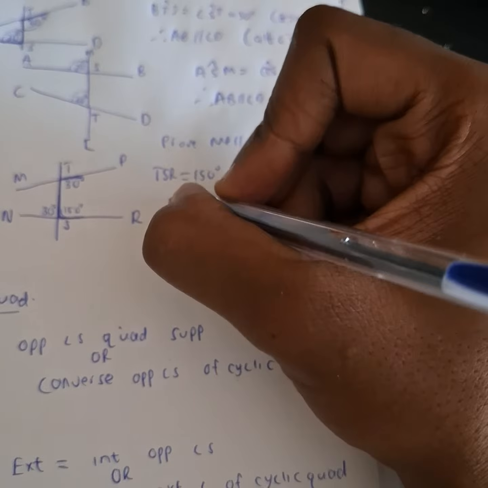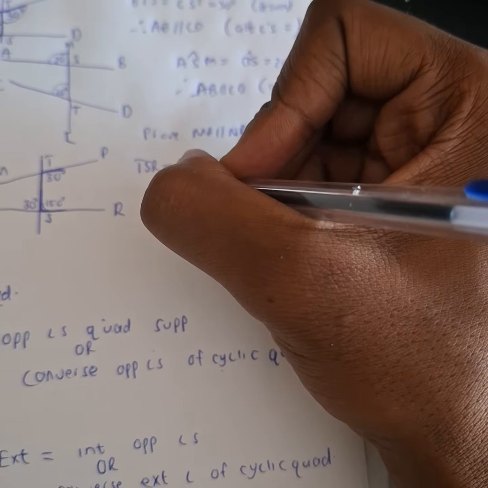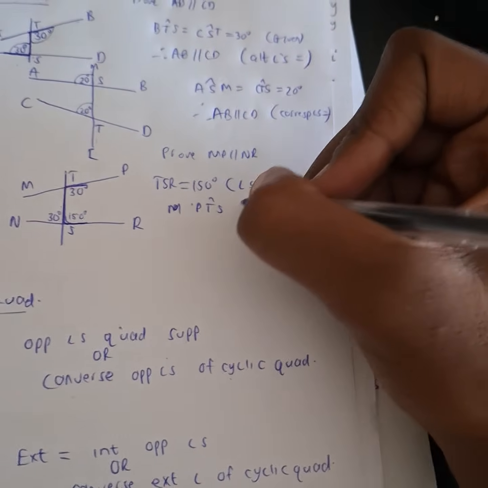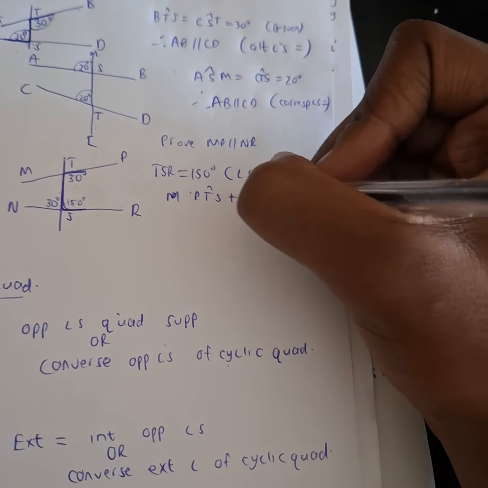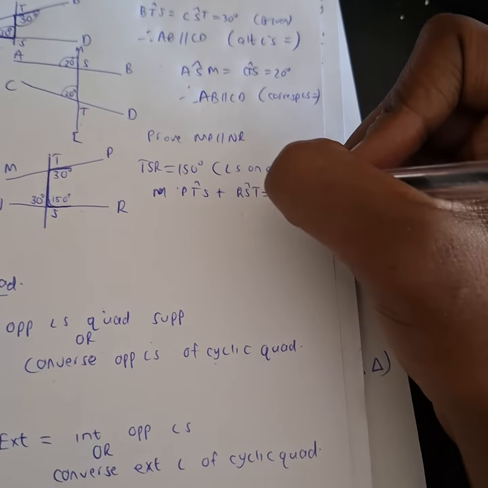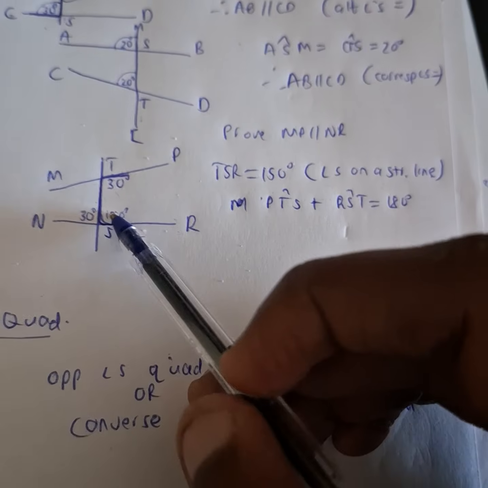They are 30 plus 150, which gives me 180. Therefore, I can conclude and say angle PTS plus angle RST is equal to 180 degrees, because I have those angles there.